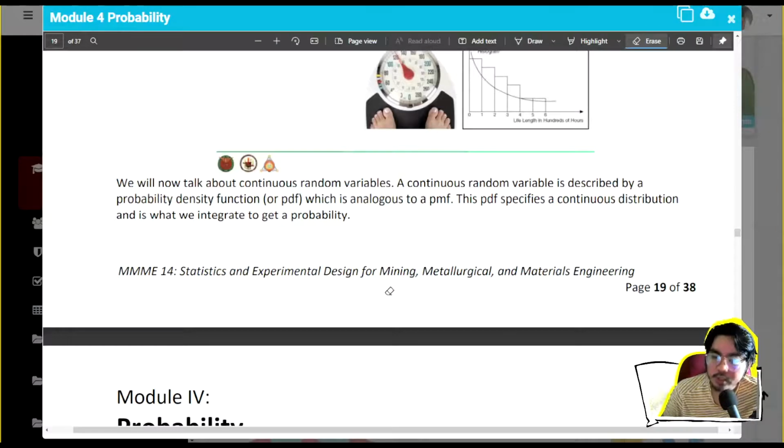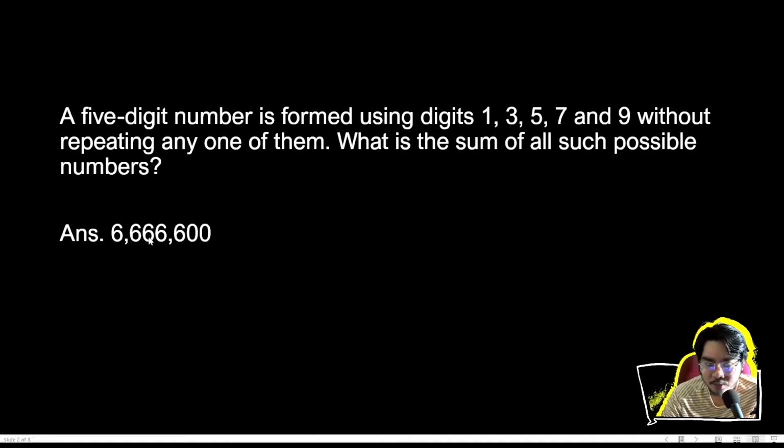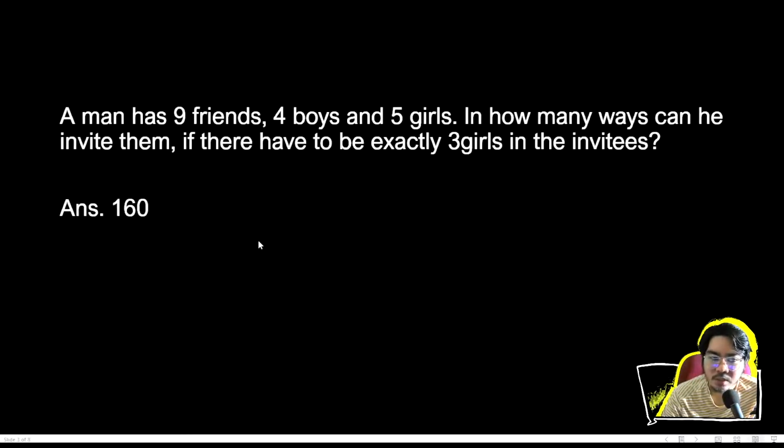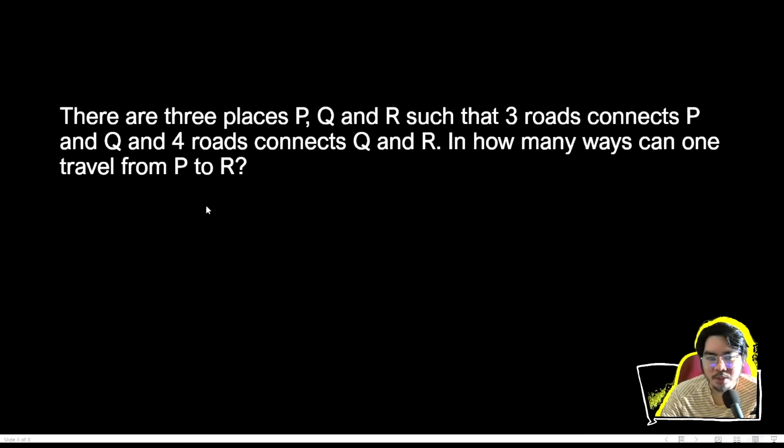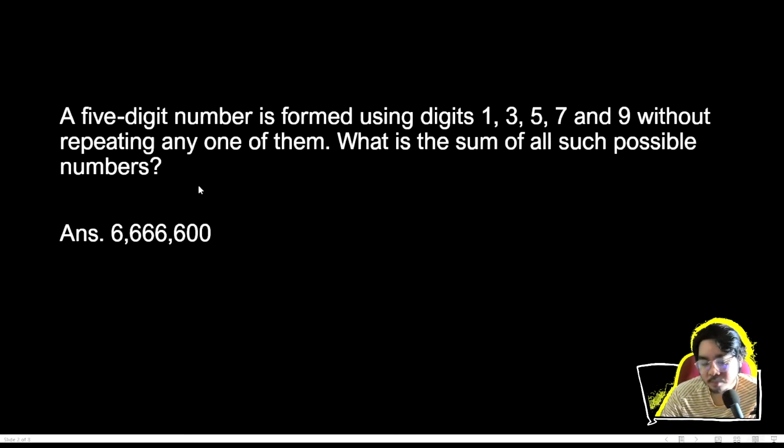What time is it? 10:43. It looks like we won't be able to do practice problems. So what I'll do is give you these practice problems, and they have answers, so you can practice on your own and try to figure out how to get these answers. They also have references, and I think the references give you the solution, so you can also check how it was solved. But I highly encourage, since probability is really more about practice, that you try to solve on your own, and if you can't find the solution, then go to the page where it can be found.